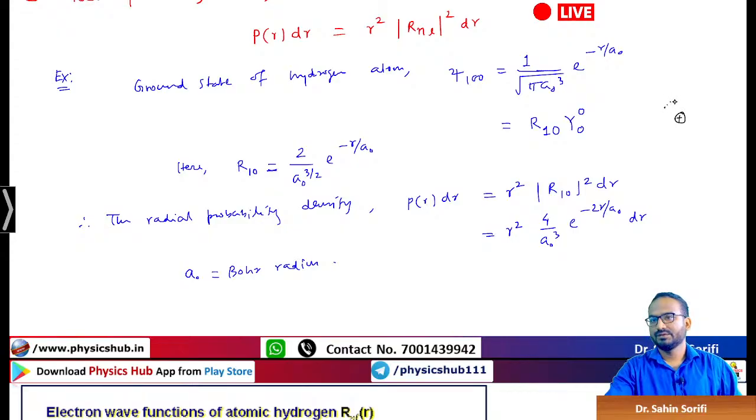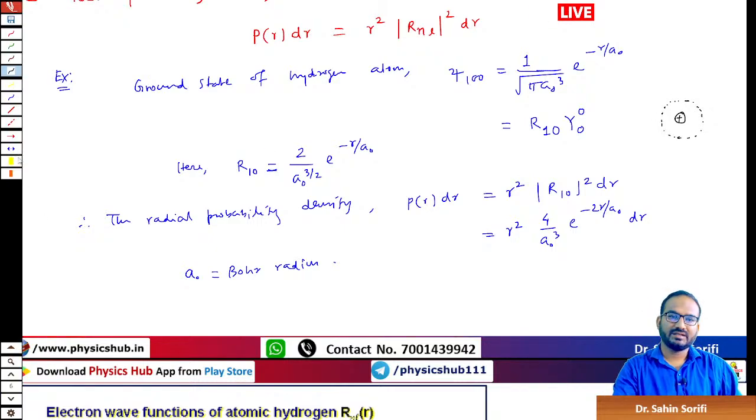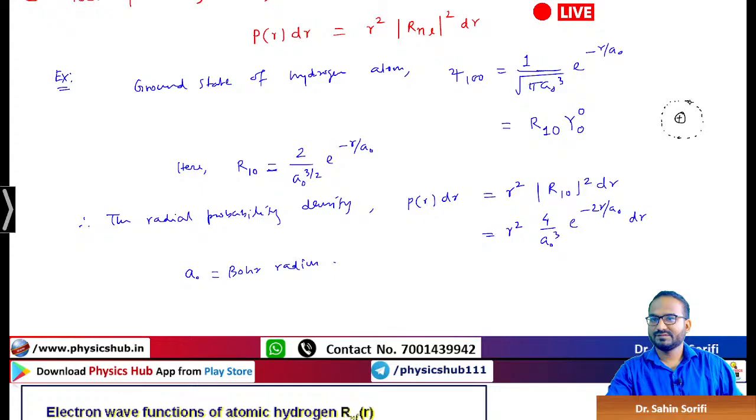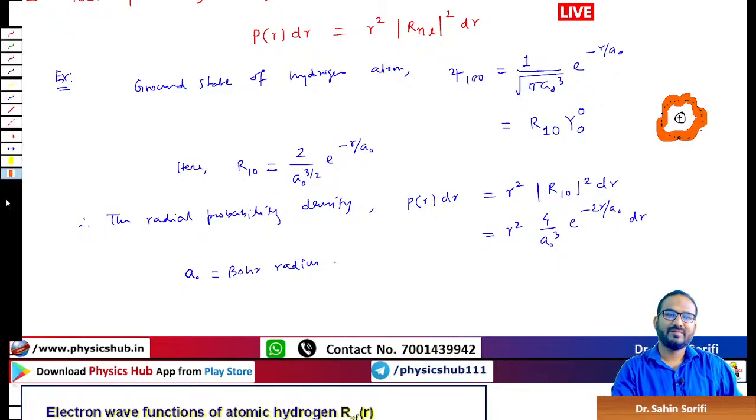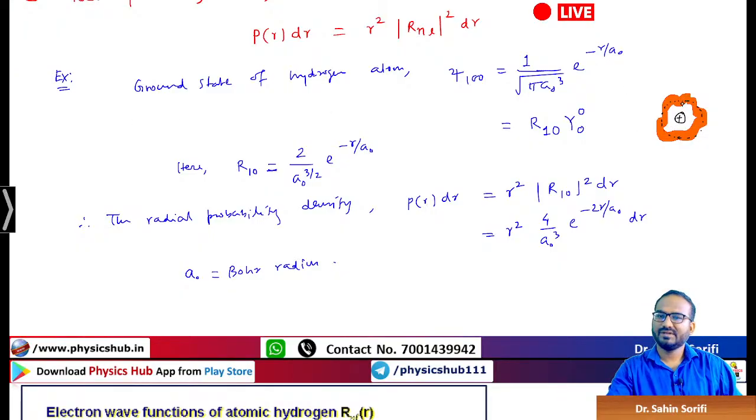The electron, although classically we represent it as circling around in a circular path, quantum mechanically this is not the case. It is like a wave function, like this. So it maintains a constant distance, you can say an average distance, and there is another thing called the most probable distance.